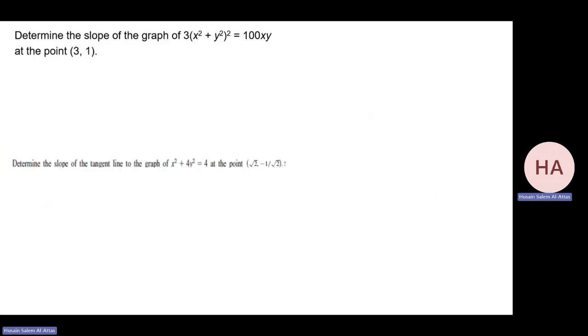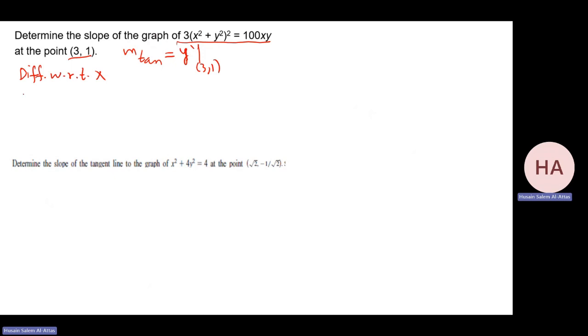Determine the slope of this graph of this function at the point. So I need to find m tangent, which is f prime at 3 or y prime at 3. Or I can do y prime at the point 3 and 1, because I need y and x to do the derivative. Let us do the calculation. So differentiate with respect to x.